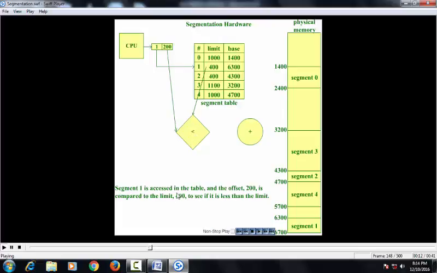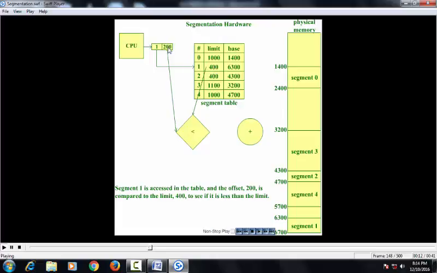Segment 1 is accessed in the table. Now access that segment number 1. This is segment number 1, limit 400. The byte offset is 200, which we are interested in loading into the primary memory. So the byte offset must always be less than the limit. So 200 is less than 400. Yes, the condition is true.